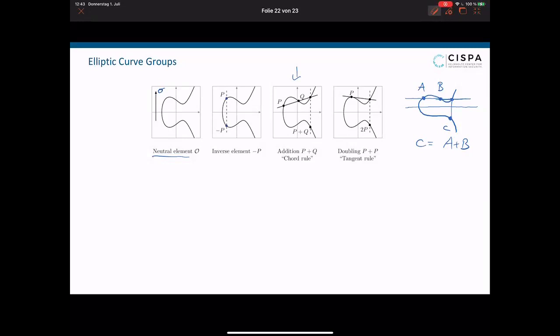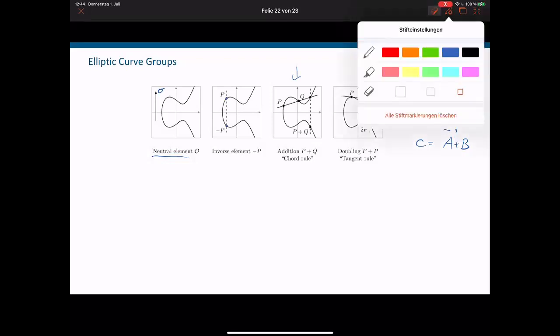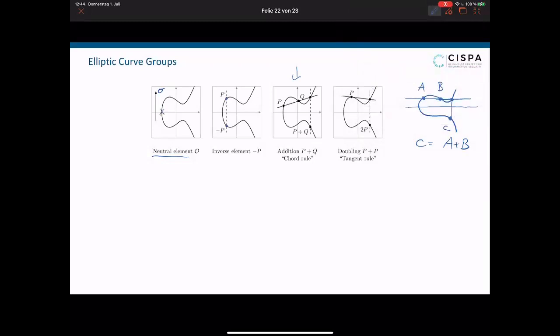So now you can tell that on such an elliptic curve, basically the inverse group element is always the opposite element on the y-axis. Let me ask, what is it about this point here?